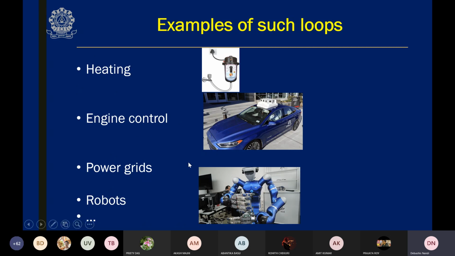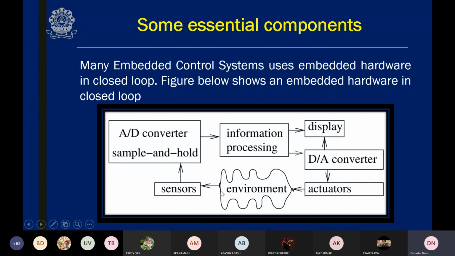Similarly, engine control of a car, there also you can use this kind of control system. Power grids, robotic control, you can use this kind of control systems. Okay, so here you see, the most important thing is the sensor. Different types of sensors are used for different applications and purposes.